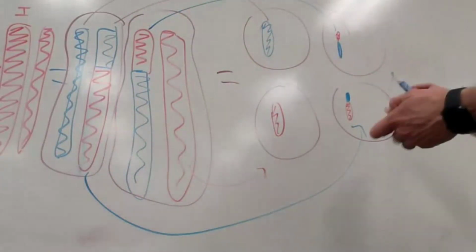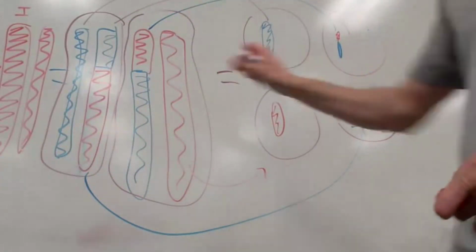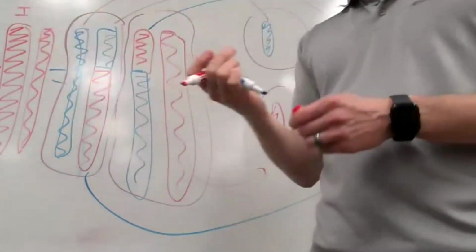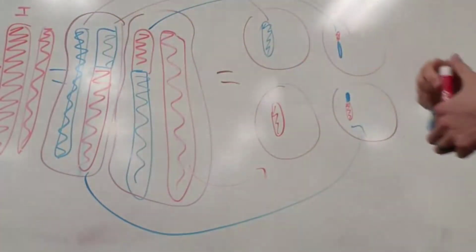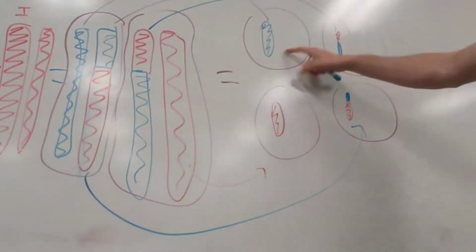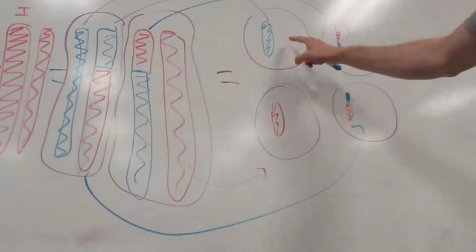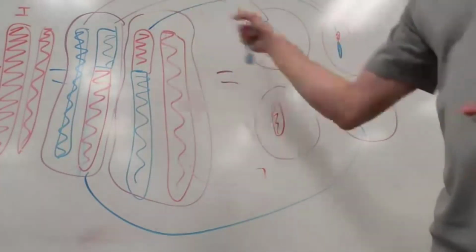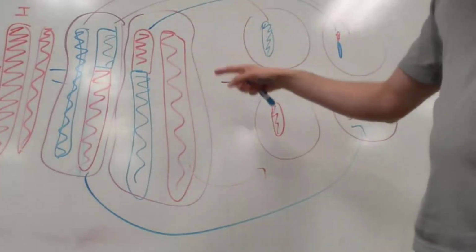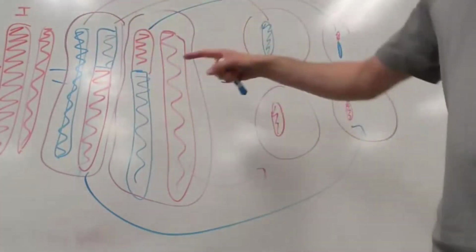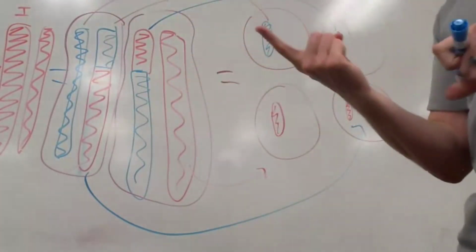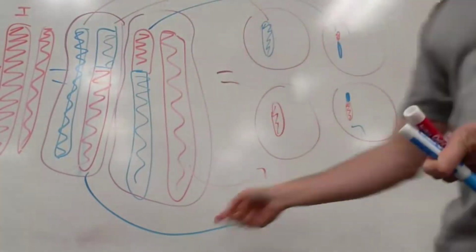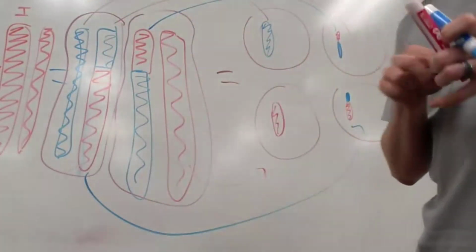Okay, that's the goal. Now, this is going to happen not just for chromosome 1, but also for chromosome 2, 3, 4, 5, and so on. So each individual daughter cell is going to basically get randomly assigned either a paternal chromosome, a maternal chromosome, or a mixed chromosome for chromosomes 1, 2, 3, 4, 5, and so on.